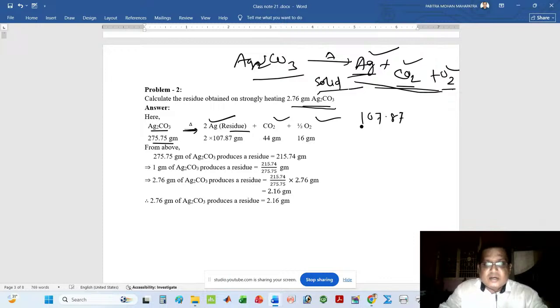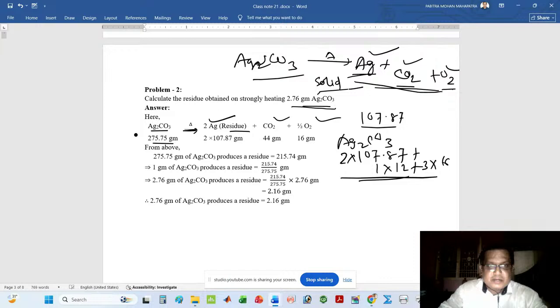For Ag2CO3, you can write 2 into 107.87 plus 1 into 12 plus 3 into 16. If you add this, then you will get 275.75 gram.